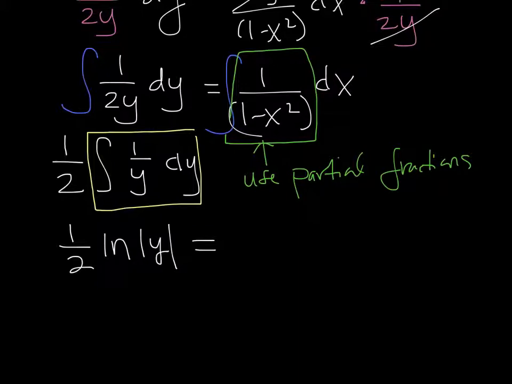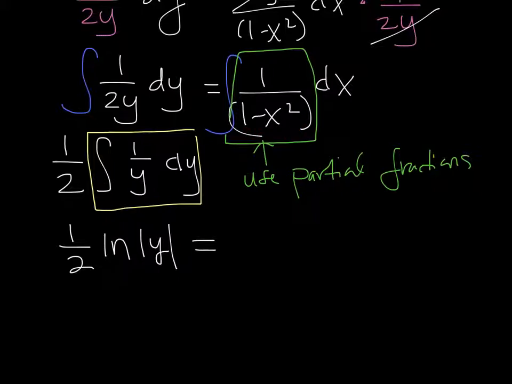So let's use partial fractions to simplify this, so we can write this as a product. The reason I'm using partial fractions is because I can factor this expression. This is a difference of two squares.